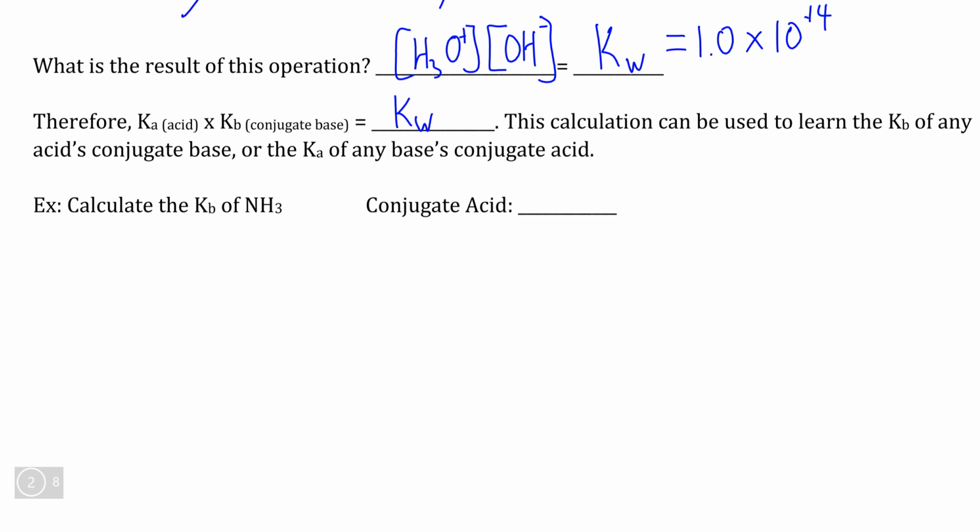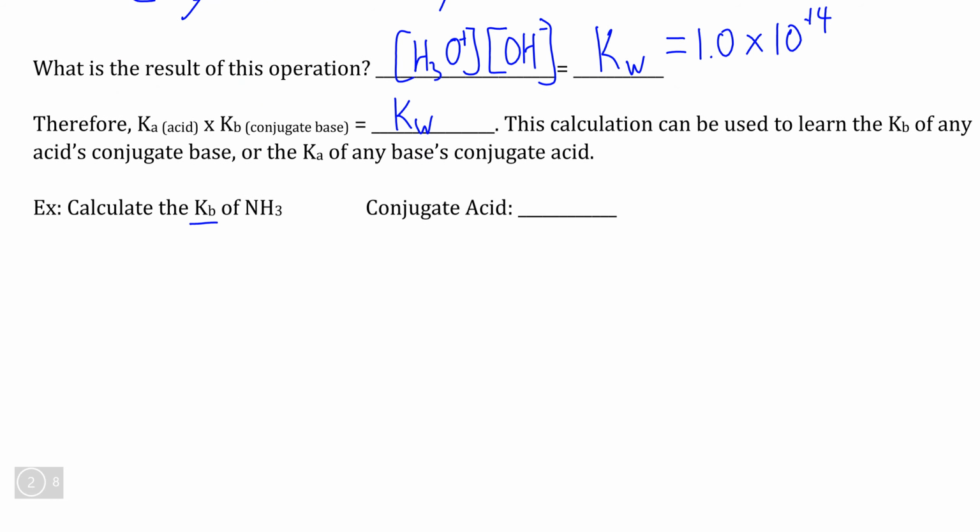So, for example, if we wanted to find out the numerical value of the Kb of NH3, we could do that assuming that we know the Ka value of its conjugate acid. And the conjugate acid of NH3, remember that this is the base, so to find the conjugate acid, all we would need to do is add a hydrogen to it, which would happen to be NH4+.